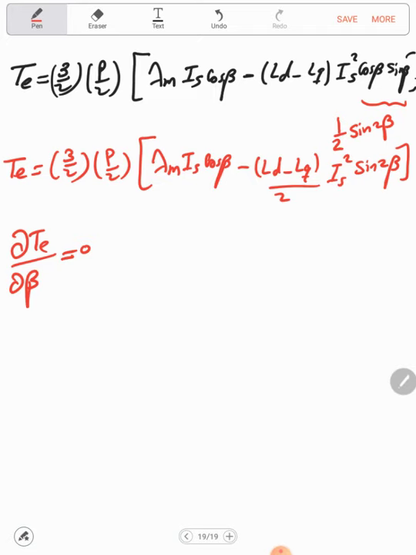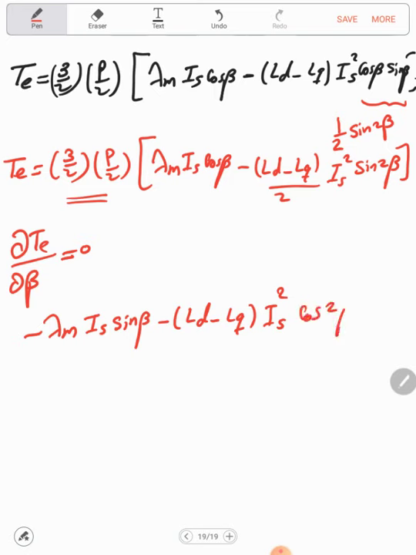Now if we do the differentiation, we don't need the constant because at the end of the day those will be cancelled. So here the first one is minus lambda m IS sine beta, and this one too will cancel the 2, and we will have minus LD minus LQ IS square cosine 2 beta. This must equal 0.